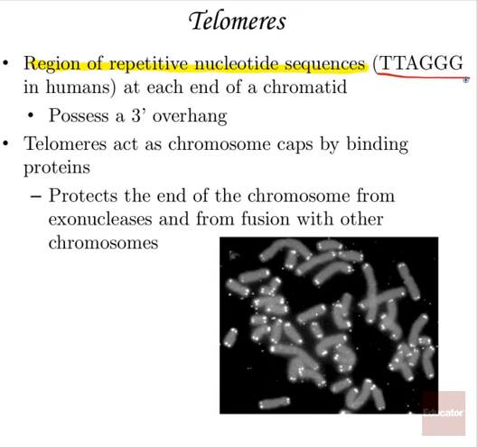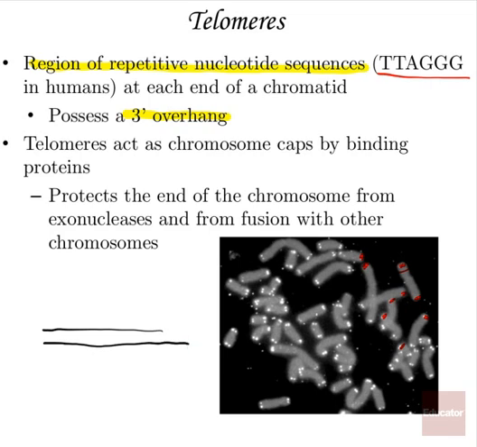If we see down here at the picture, the things lit up in white at the ends of each chromosome, those are our telomere sequences. Now, our telomeres possess a 3' overhang. The reason being, when we take off that primer, if we look back, here's our DNA, the end of our chromosome.